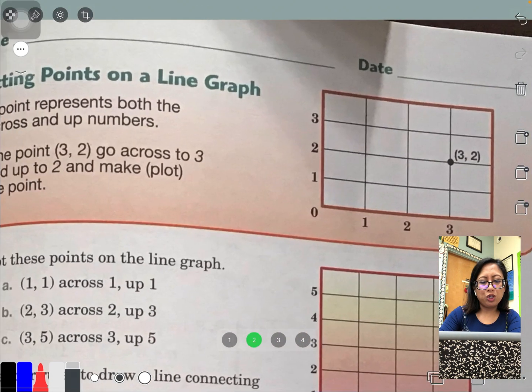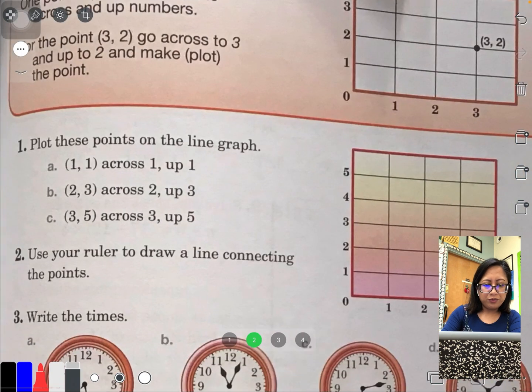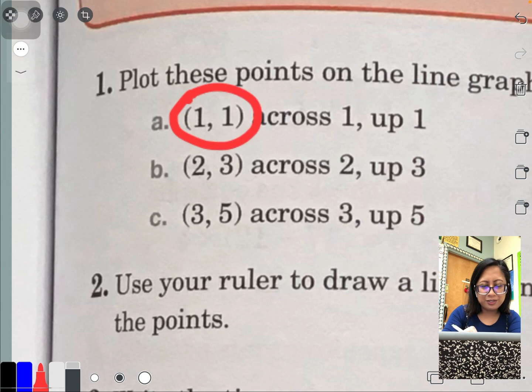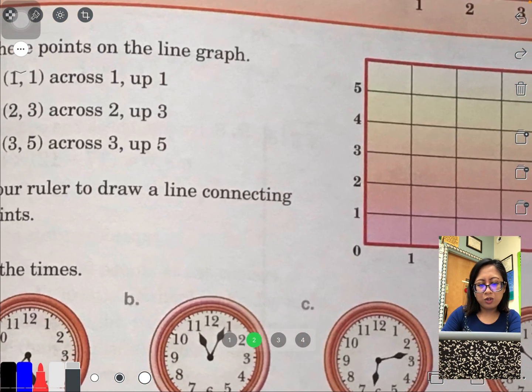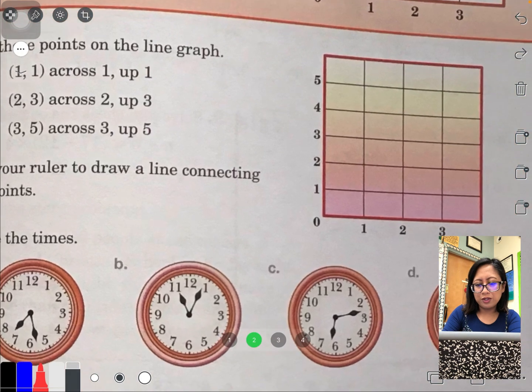So here's how you plot, okay? Let's look at number 1. Notice here, you've got numbers in parentheses, 1, 1. So what they want you to do, no, that is the y-axis, yeah. They want you to go for 1, 1, you'll go to the horizontal line, the x-axis, this is 1, okay? And you'll find the 1, so it's right here.